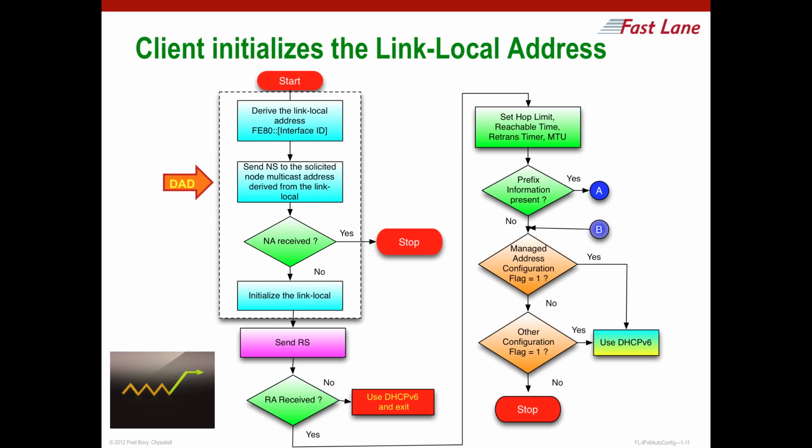Sending a packet to yourself, you do not expect somebody else to reply with a neighbor advertisement. If somebody replies, it means that the address is a duplicate, and if the address is a duplicate, we stop the process, and the interface will be disabled for IPv6. It will not be used.